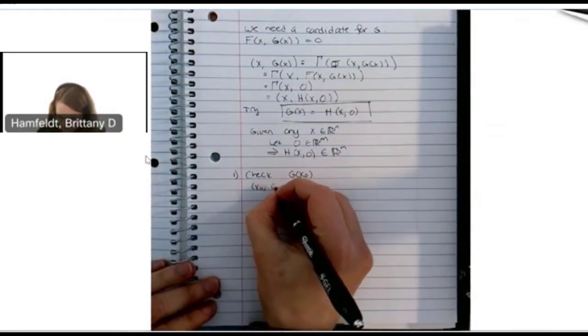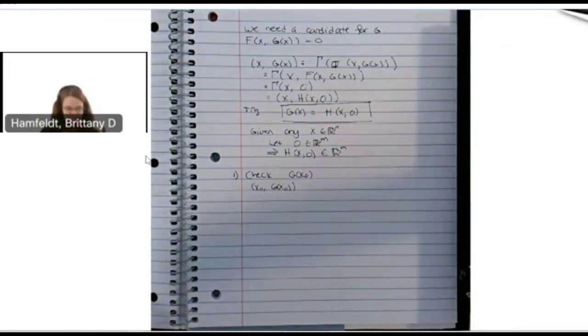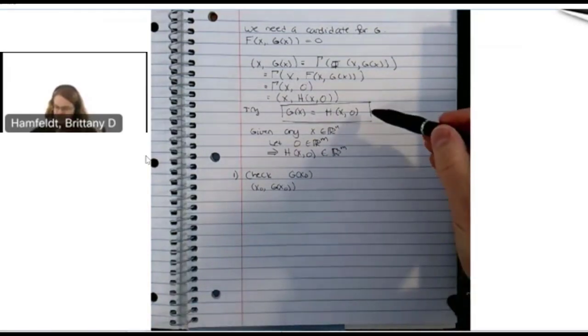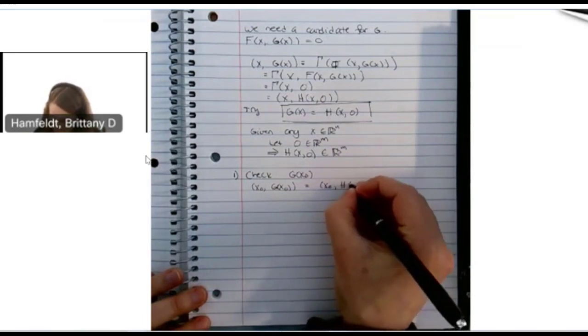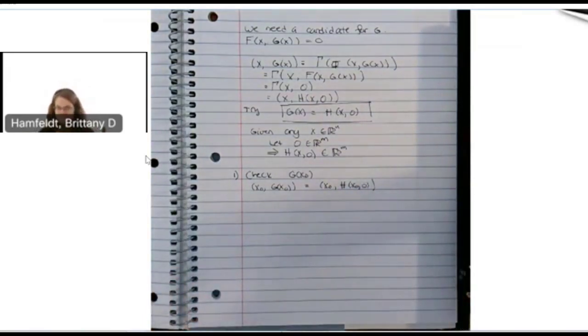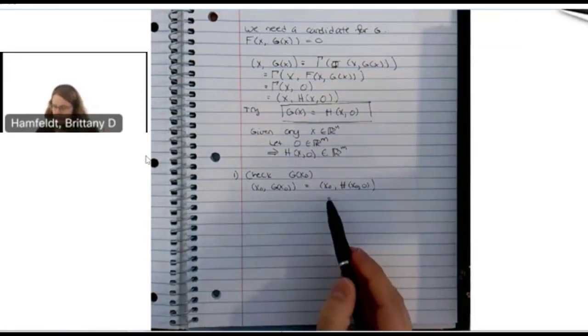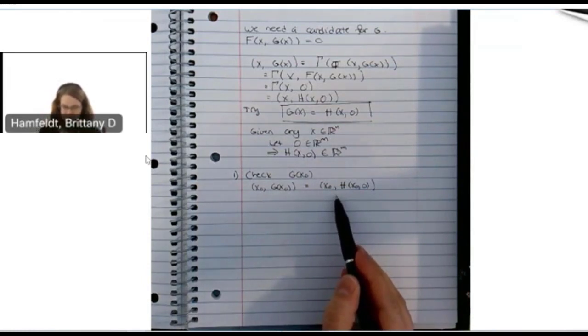So if I start with what I want and throw in the dummy variables to go along with it, well, I've just defined g this way. X naught, h of x naught, 0. And this has precisely the form of my function gamma.